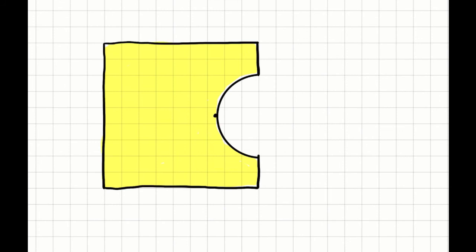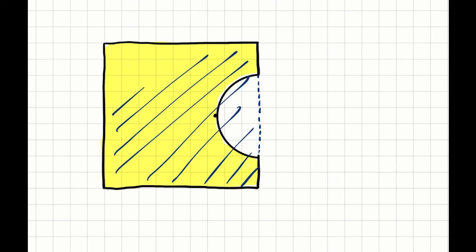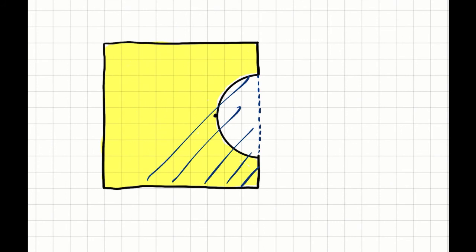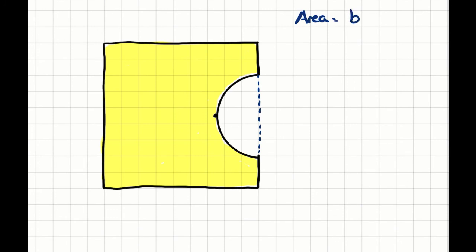The first thing we're going to want to do is look at what would have been the area of this rectangle or square. That's what we need to determine first. If it was a normal rectangle or square, the area would have been base times height.